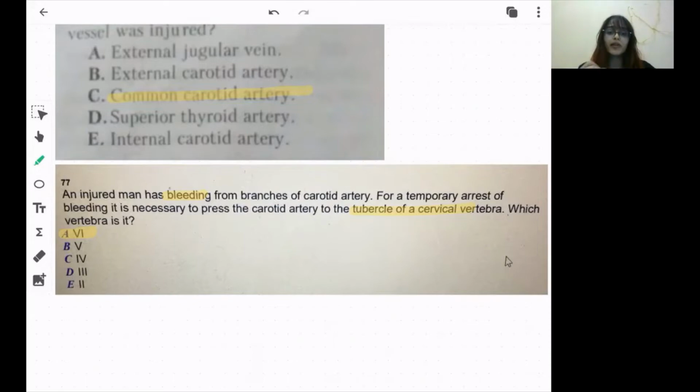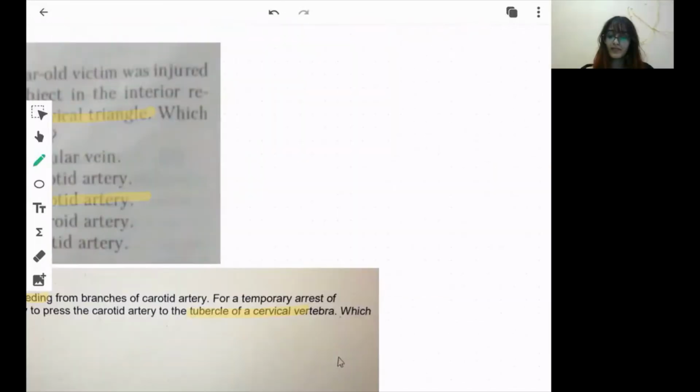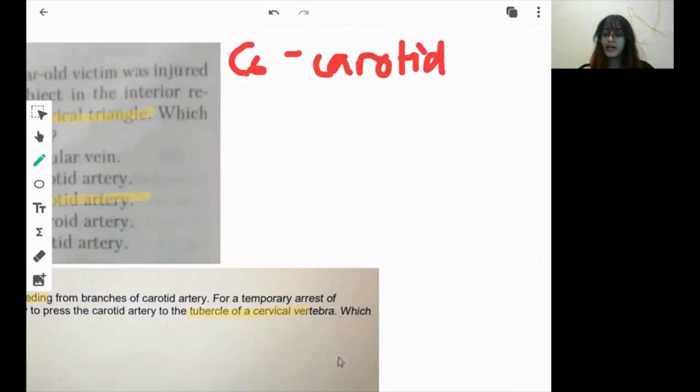It is very prominent, and the carotid artery, if there is bleeding, can be pressed hard against that tubercle to stop that bleeding. So another point that you should remember, that at C6 there is carotid tubercle against which the carotid artery can be pressed to stop the bleeding if present.